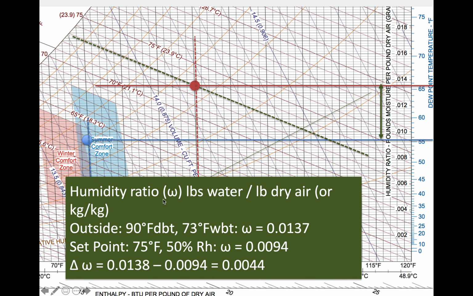In this case, for our outside conditions, 73 degrees wet bulb and 90 degrees dry bulb, we have about 0.0137 at this particular altitude in Springfield. And then we know that our set point for the standard air, 75 degrees Fahrenheit and 50% relative humidity, has an absolute humidity of 0.0094. So the difference is going to be the outside minus the inside, so 0.0044.